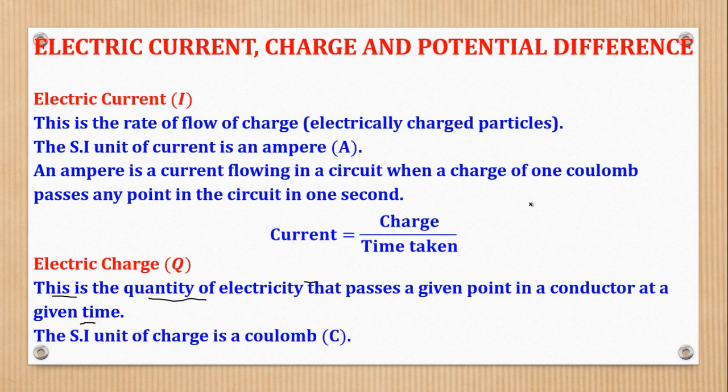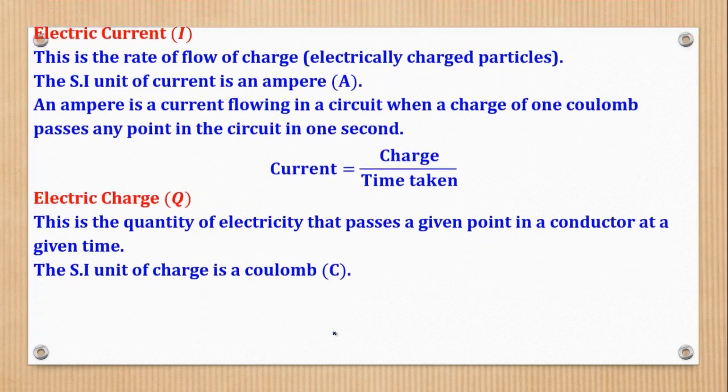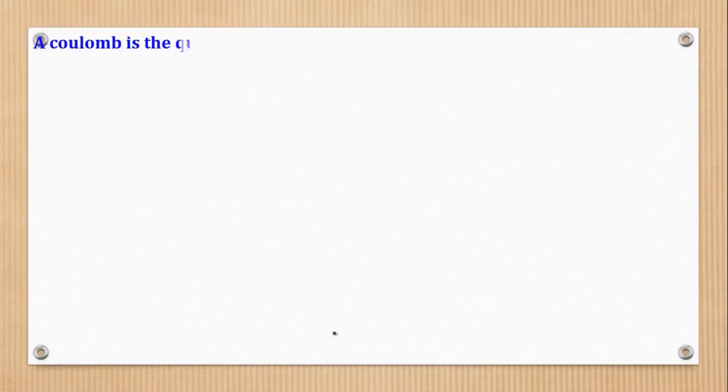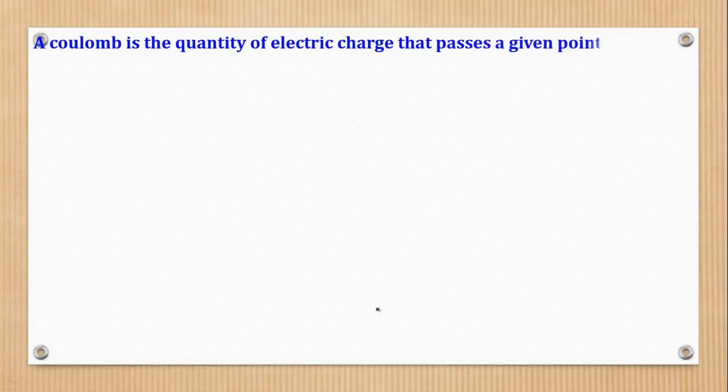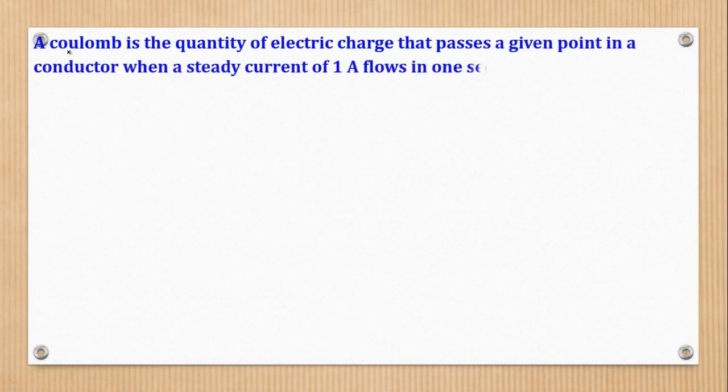The SI unit of charge is the coulomb, written as capital C. A coulomb can be defined as the quantity of electric charge that passes a given point in a conductor when a steady current of 1 ampere flows in 1 second.